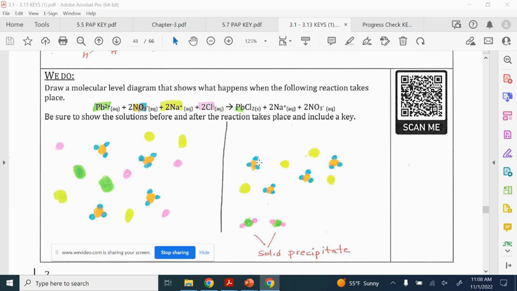So I won't have to say, oh, this is solid. You just need to know the ones that always stay aqueous. It's a snap.